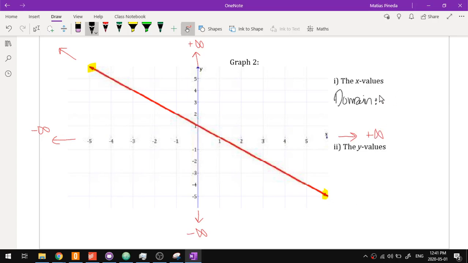The way we can say that x can be any real number is that we say x belongs to the set of real numbers. This is the mathematical notation for that. The way you read this is x belongs to the real numbers.